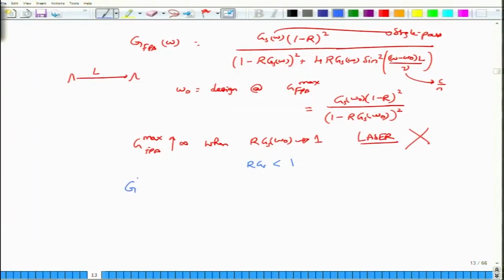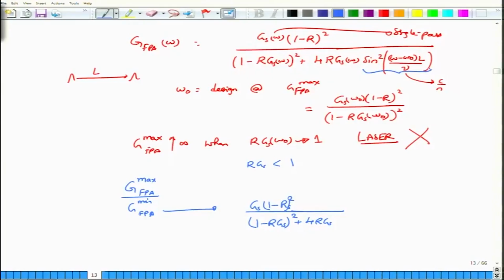The second observation is, if you look at the ratio of the maximum gain to the minimum gain. I leave you to find out, or at least show, that the minimum value of the gain is given by Gs (1 minus r) square divided by (1 minus r Gs) whole square plus 4 r Gs, and it will happen at those frequencies where the sine square term goes to 1.